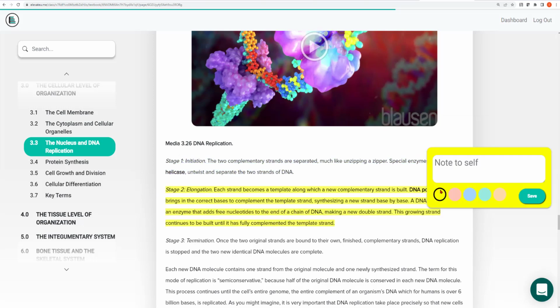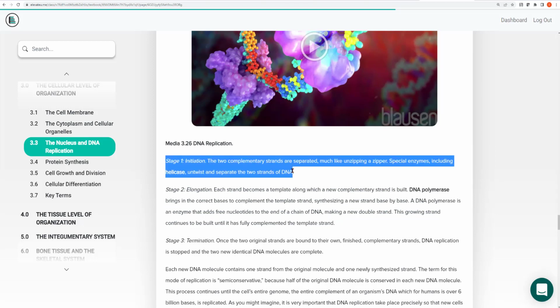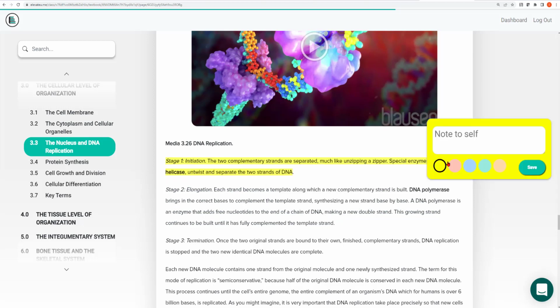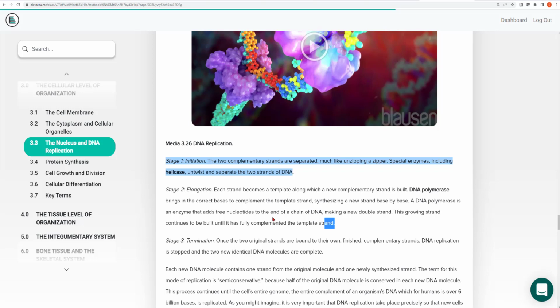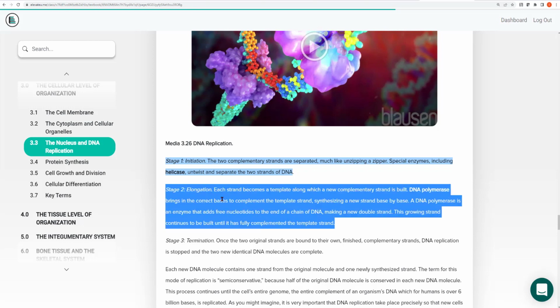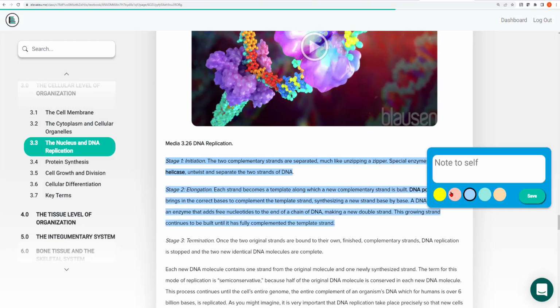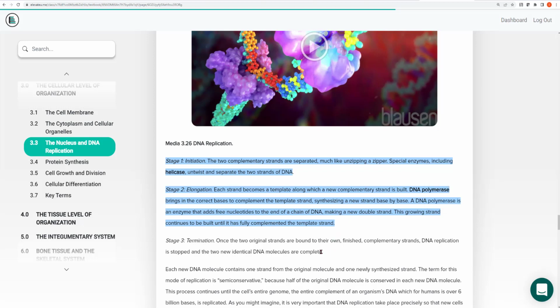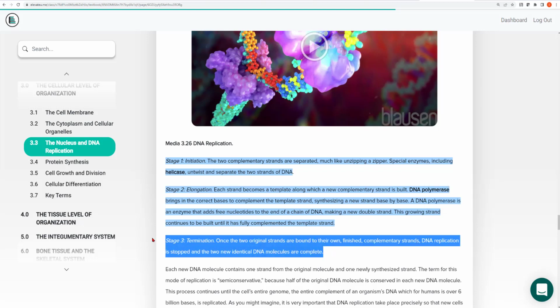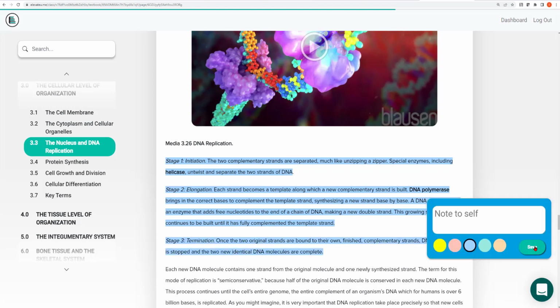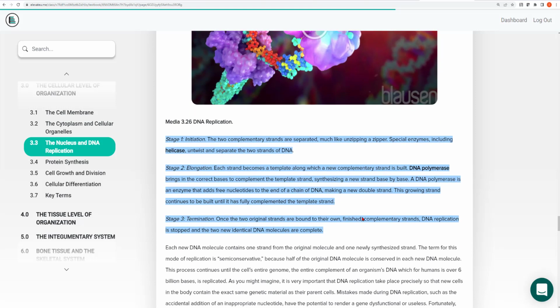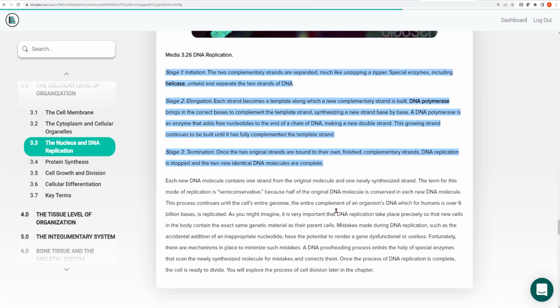So if it's in blue, you do not need to worry about it. And you see what's happening, guys? I'm making my own mistake. I'm hitting blue. It's making it blue, but unless I hit save, it doesn't save it. So that's true for you as well. So when you highlight something, not only choose the color, but make sure you hit save. And by hitting save, it will still be highlighted for you next time. So my blue will always be areas to not worry about.